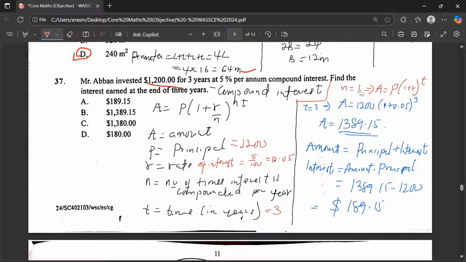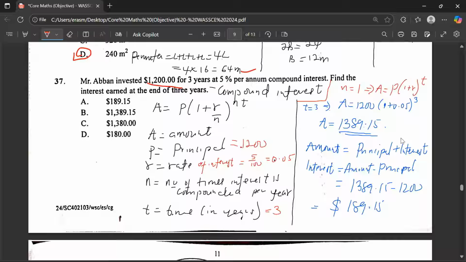So if N equals 1, then the formula becomes A equals P times (1 plus R) to the power T times N, and N is 1, so that is T. So if T equals 3, then A equals 1,200 times (1 plus 0.05), that is R, to the power 3, right?